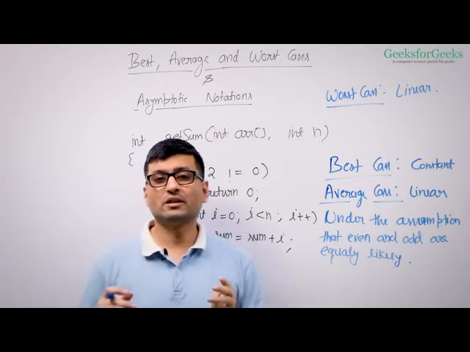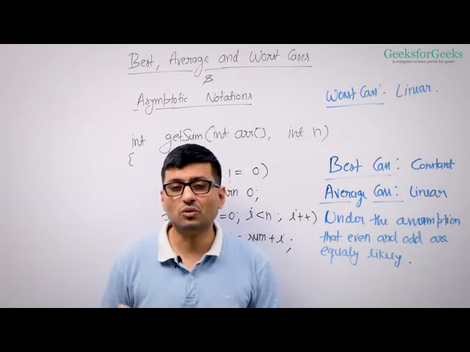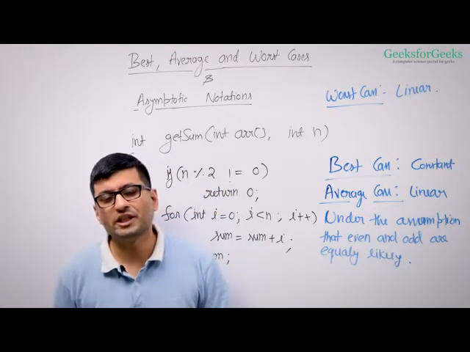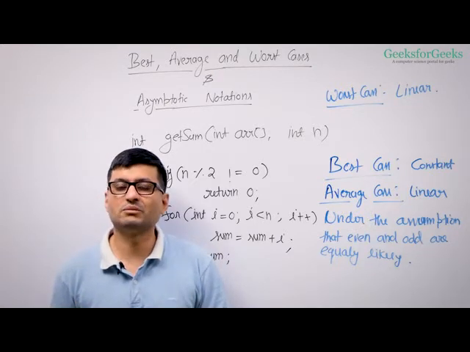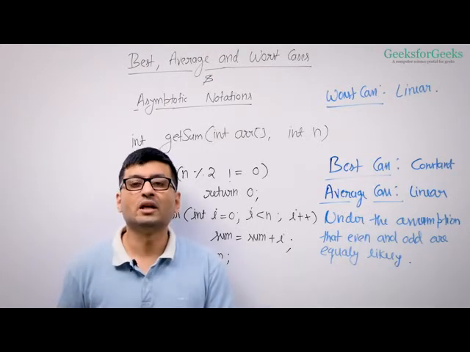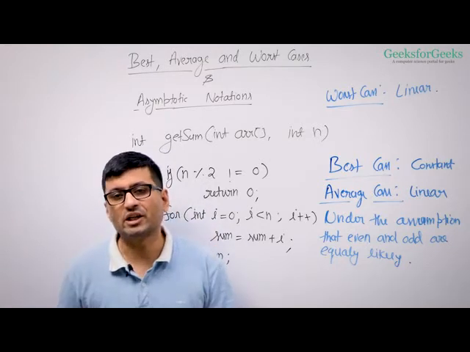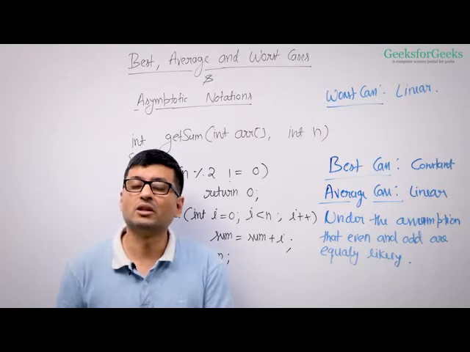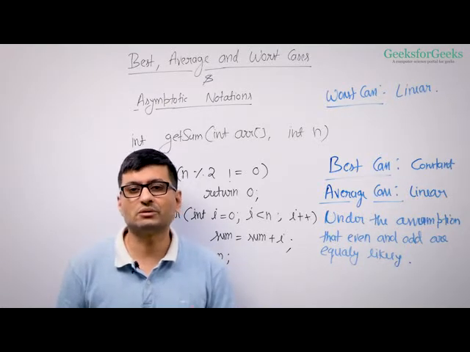Worst case is something which we do most of the time. We try to find out what is the case for which our algorithm is going to take maximum time, and we find that time and say that worst case time complexity of this algorithm, or order of growth in worst case for this algorithm, is so and so.